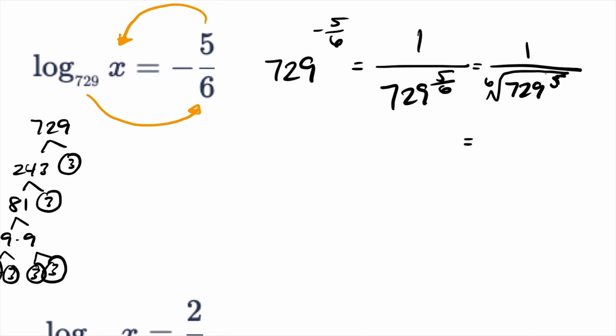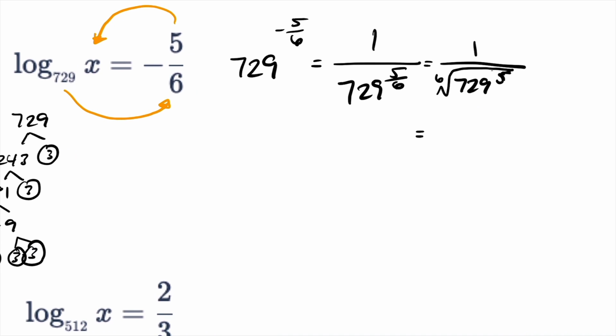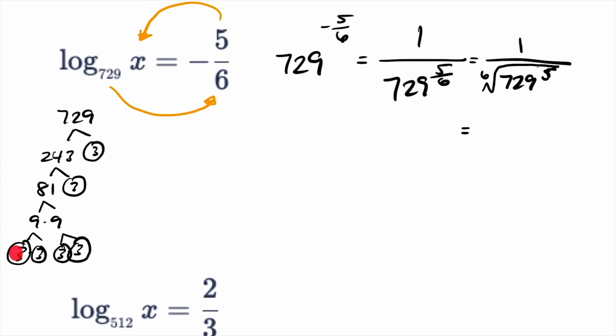So each one of these 729s is going to have 1, 2, 3, 4, 5, 6 threes. Each one of these guys is going to have 6 threes. So how many threes do I have total? So I have 1, 2, 3, 4, 5, 6. Each one of these 729s has 6 threes.